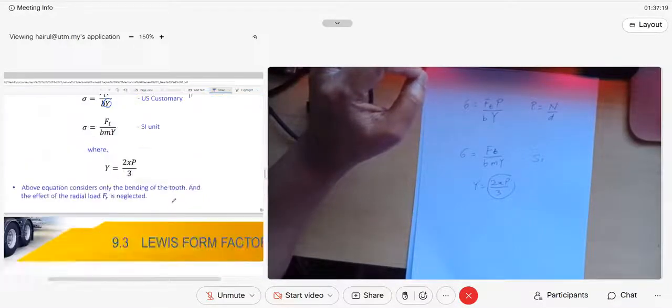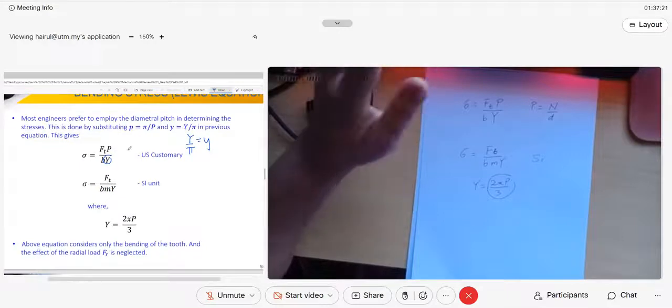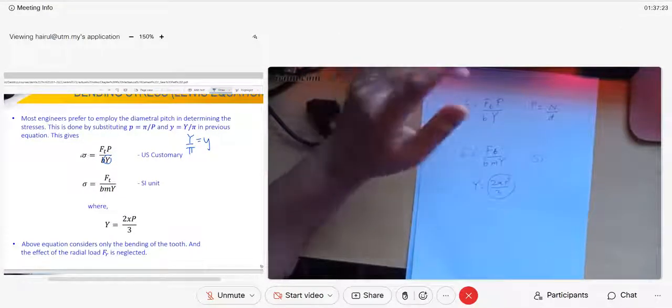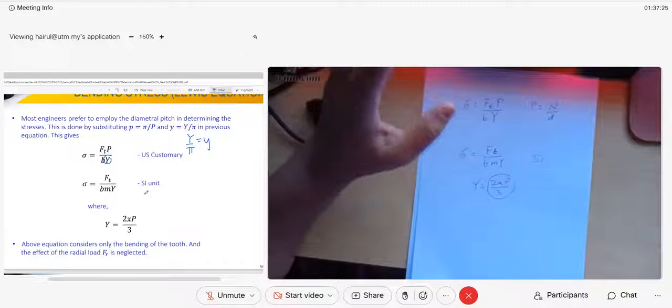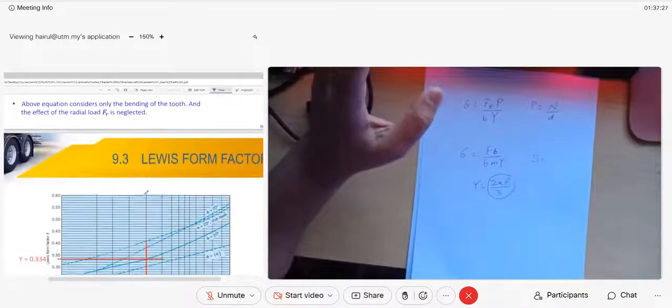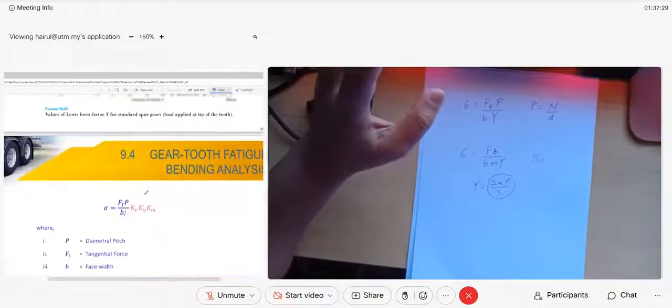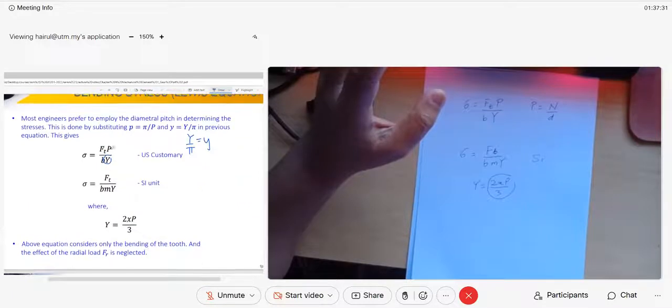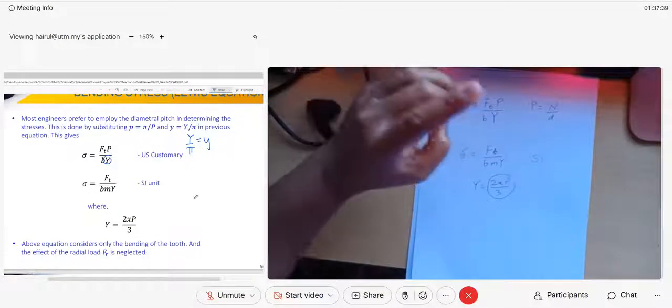Since this is just a basic equation, a long time ago they used it to calculate the bending stress. But after they considered the fatigue stress concentration factor, we no longer use this equation. Actually, they modified it: F tangent times diametral pitch over B, not Y, because Y ignores the stress concentration factor.